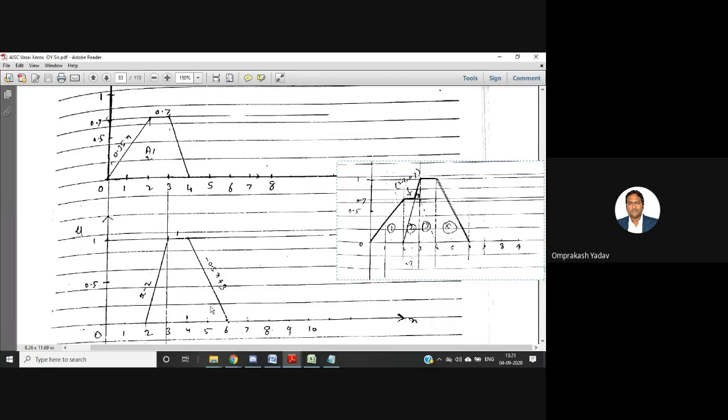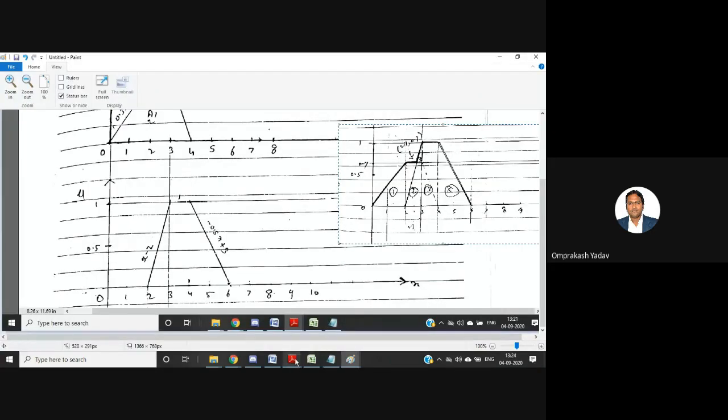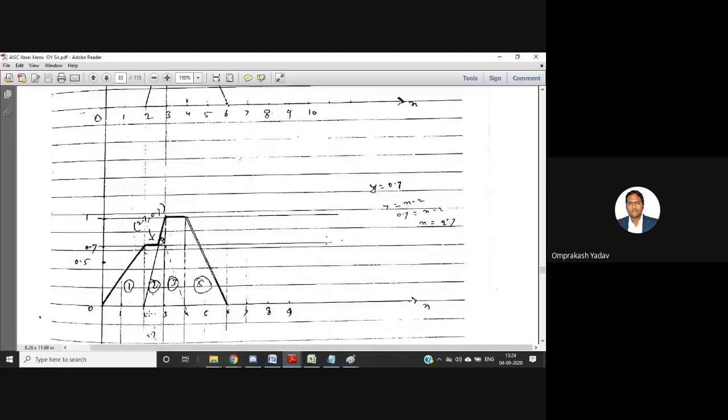Please mark that below this particular graph. You can draw like this. See how I've drawn: this is the first graph, then the second, then extend this and mark 0, 0.5, 0.7 and 1. Clear? Okay.